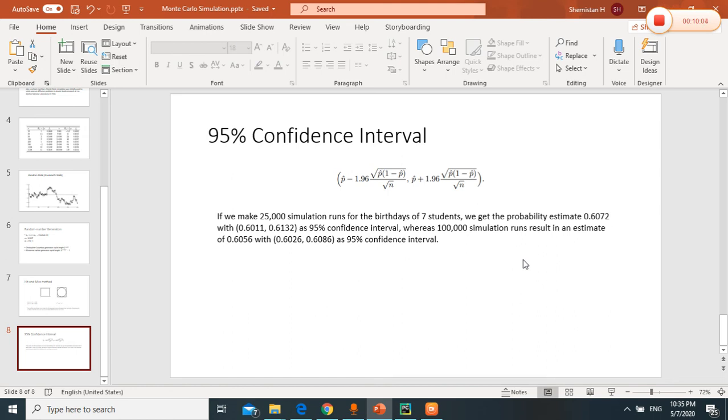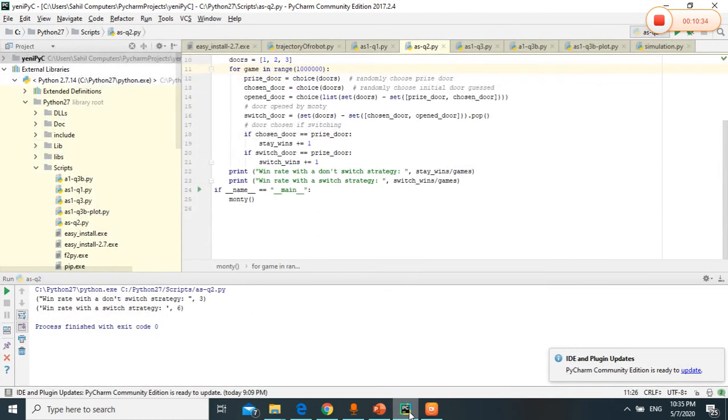But most people did not agree with this, saying the player shouldn't change his choice. Even famous mathematicians didn't agree with changing the options, but after seeing a simple simulation, they all agreed that the choice should be changed.